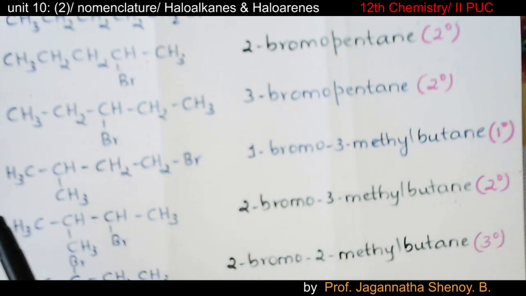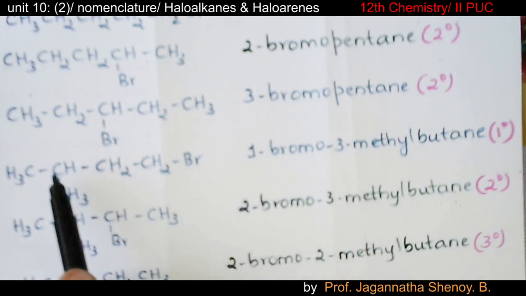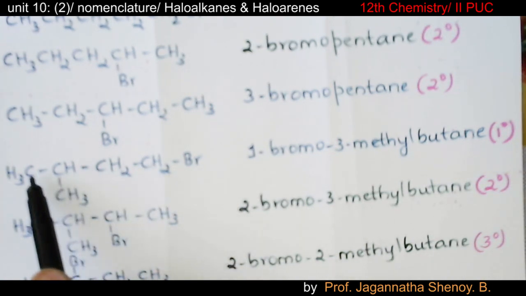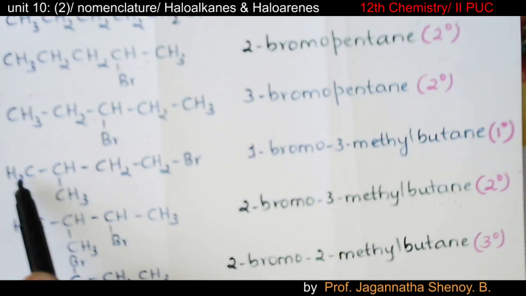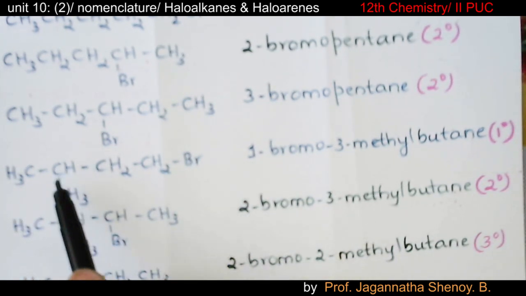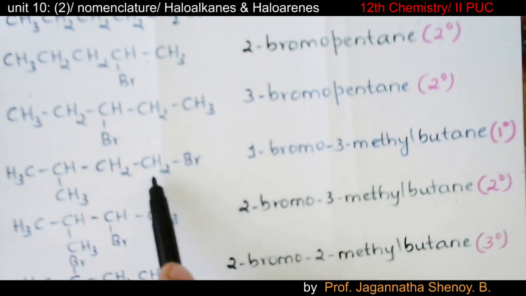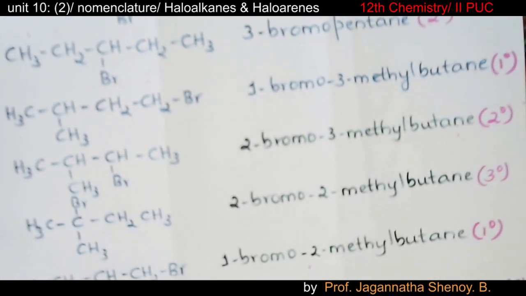So for the IUPAC name, on the first carbon atom we have a bromo group, on the third carbon atom we have a methyl group, and in the main chain we have only 4 carbon atoms. What's the IUPAC name? 1-bromo-3-methylbutane. And what type of alkyl halide is it? Primary.